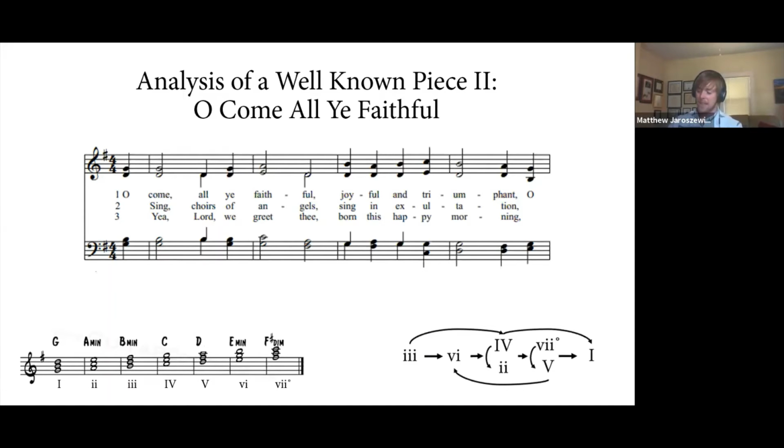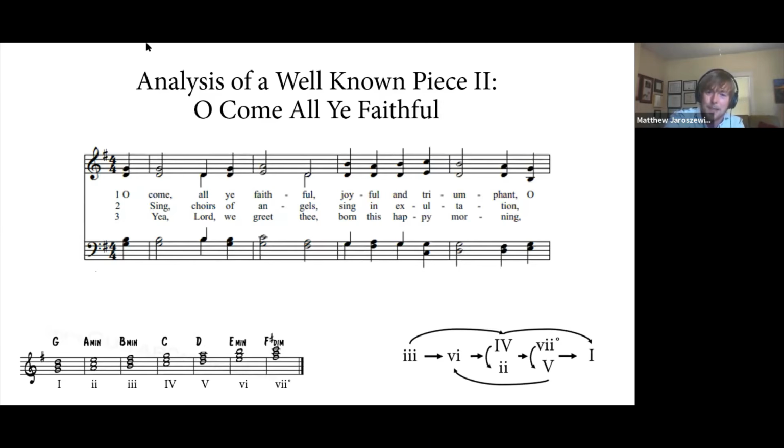Our four chord is C major. Our five chord is D major. Our six is E minor. And finally, our seventh is F sharp diminished. Like that. Flow chart, of course, is in the bottom right-hand corner for reference.